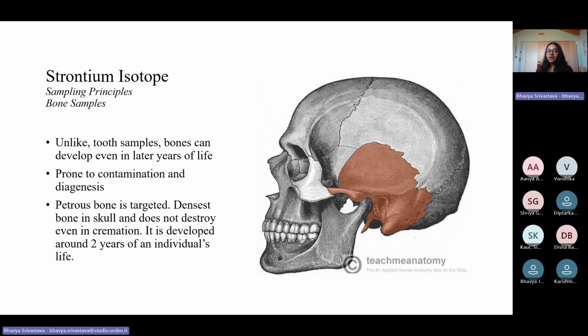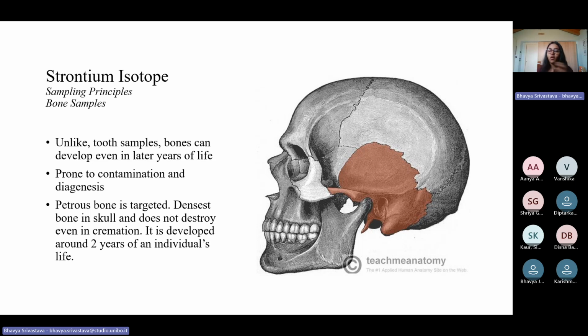Now, while I did talk about sampling, another thing to be borne in mind here is that as an archaeologist, if we are dealing with strontium analysis or any sort of isotope analysis and we are sampling a human body, we have to understand how much we can sample from a given skeleton. It's not like you can take all the bones.